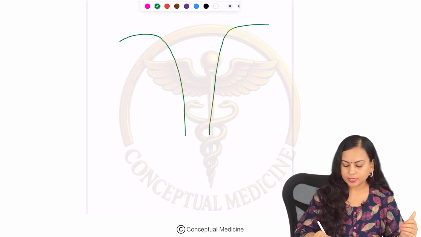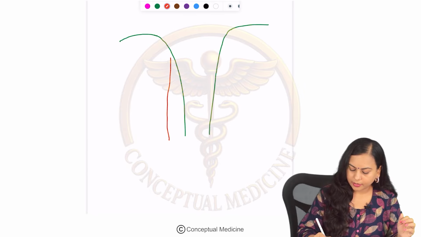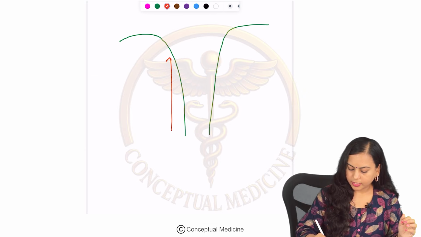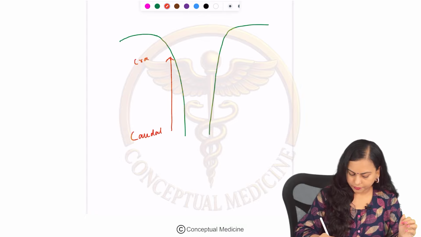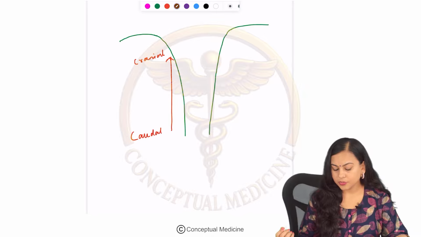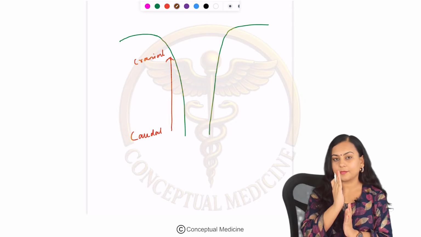At a point they will start fusing from the caudal to the cranial direction. Now what happens when they are fusing? The entire thing is going to fuse and the central septum will be there.